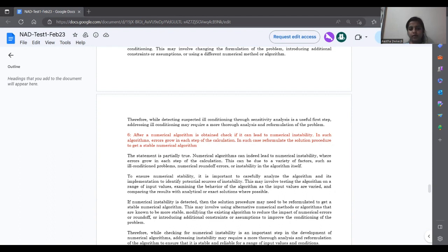So this formula is x(n+1) = 0.5 * (xn + 5/xn), where xn is the nth approximation and x(n+1) is the (n+1)th approximation.